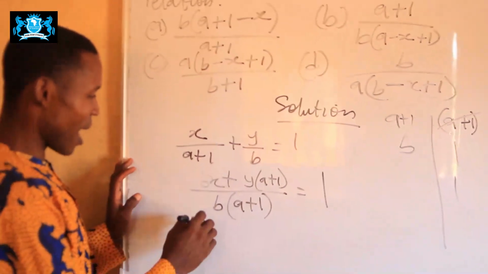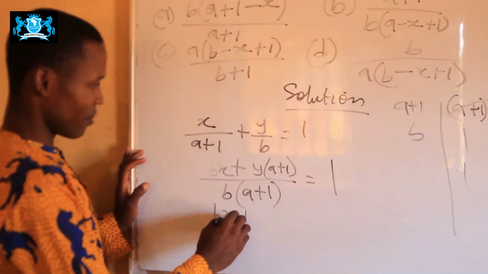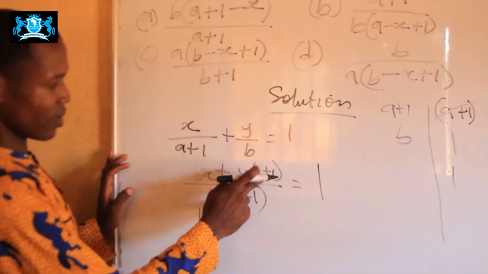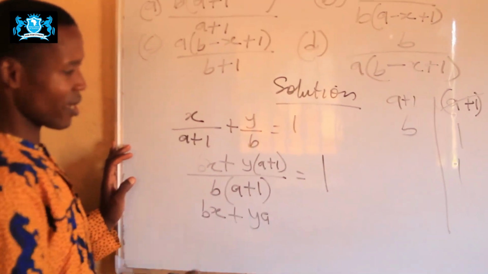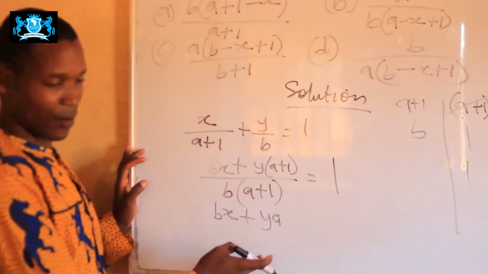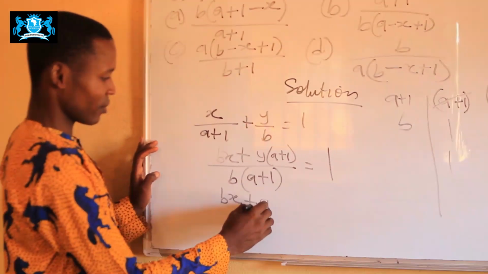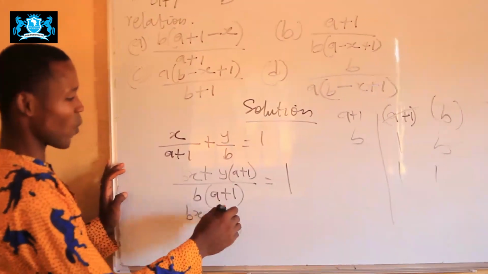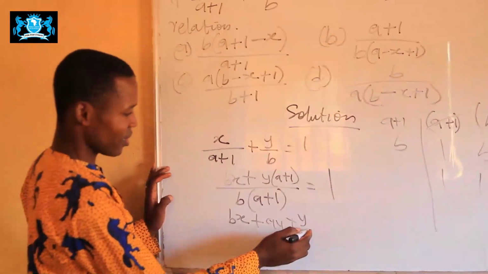So we will now have bx plus y times a will give us ay, sorry, y times 1 will give us y, right?